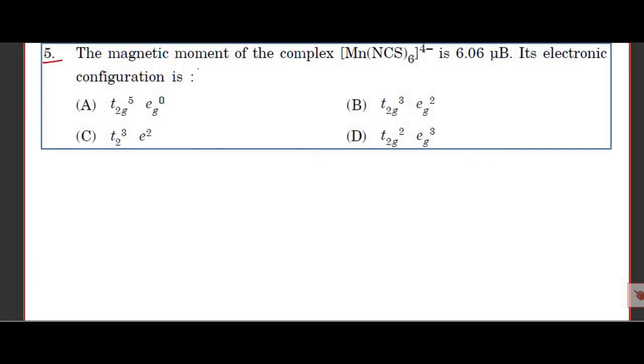Question number 5. The magnetic moment of the complex [Mn(NCS)6]4- is 6.06 μB. Its electronic configuration is here. In this complex, the manganese is Mn2+. NCS is a weak ligand. It is not a strong ligand, it's a weak ligand.